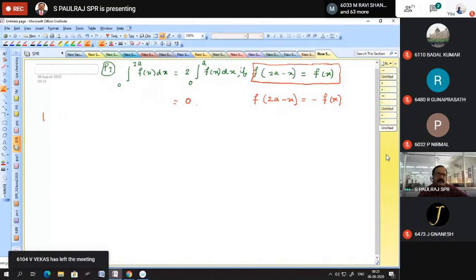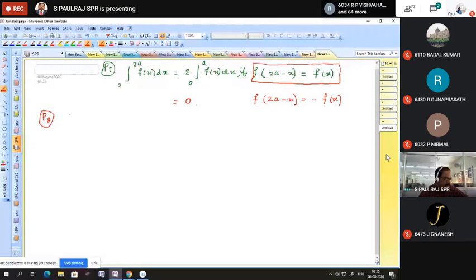This is the last property. Almost the same, but the limits are different. The limits are minus a to a, f of x into dx. Now you tell me what is the first condition?